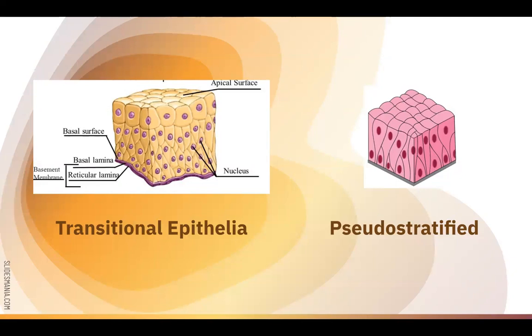They vary in height. So the small ones that get cut off have less of a function since they don't reach to the top of the epithelium.